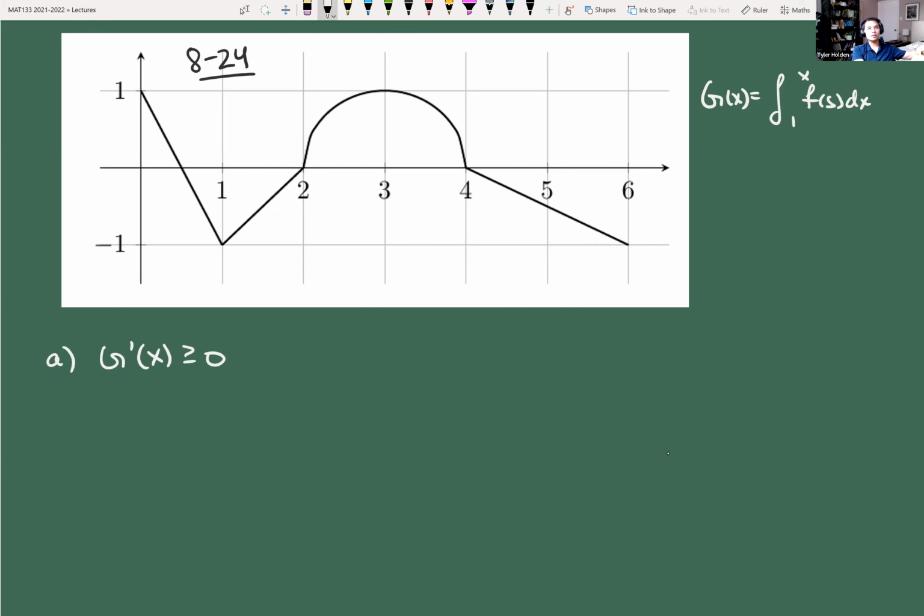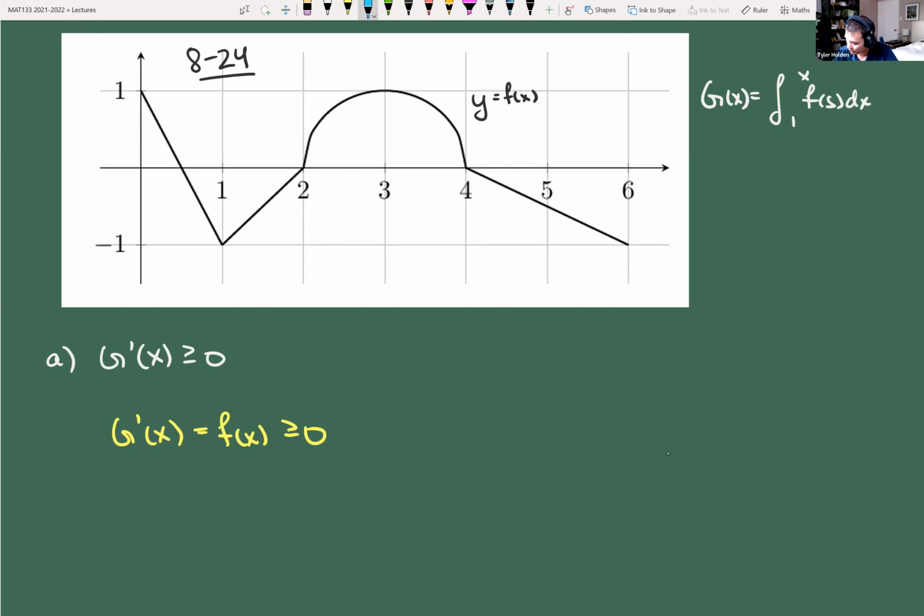Okay, so the graph is the graph of f, right? Maybe I should have written that in. So here's the graph of y equals f of x. So we know that G prime of x is equal to f of x, and we want to know where f of x is greater than or equal to 0.